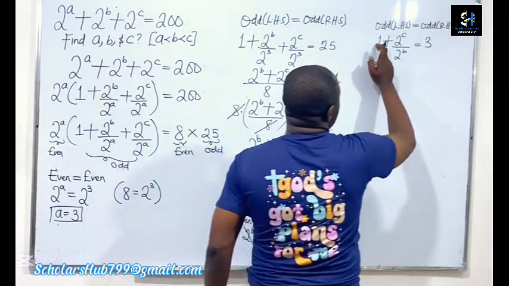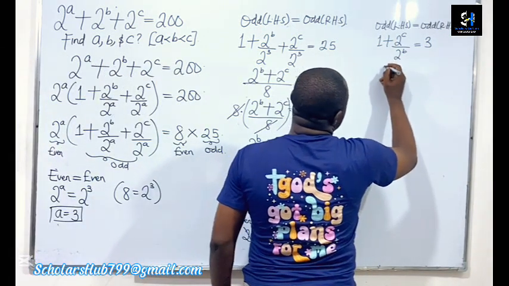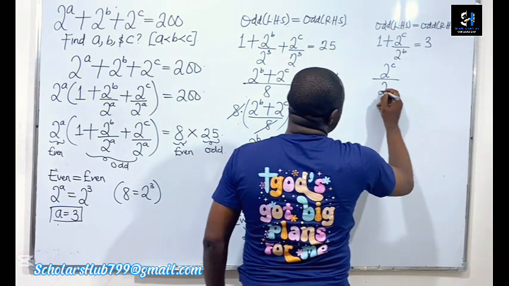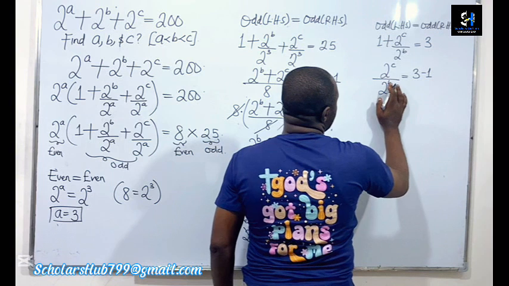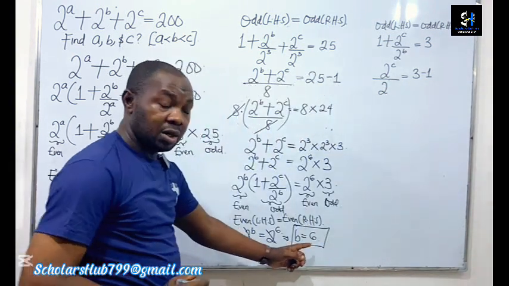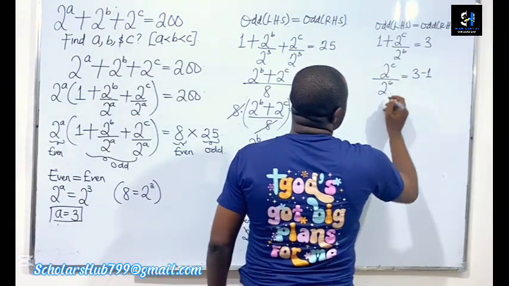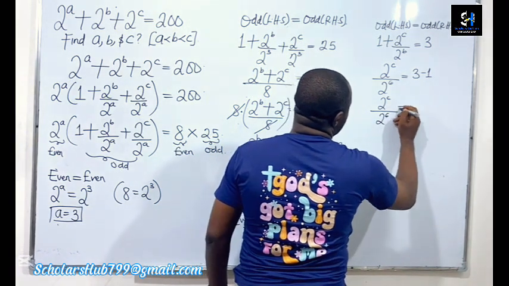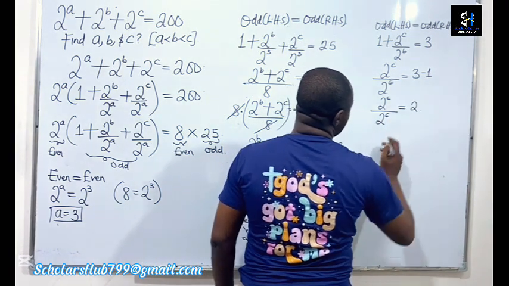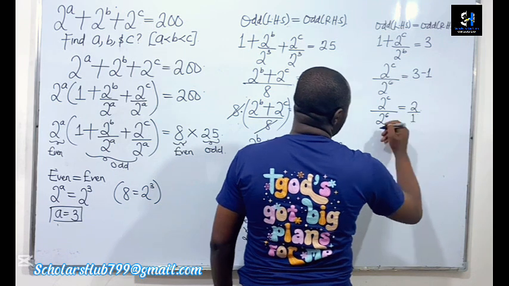So I'm going to carry this 1 over to the other side, so that this will be 2 raised to the power of c divided by 2 raised to the power of b equals to 3 minus 1. Now let's not forget that the value of b is now 6. So this will be 2 raised to the power of c over 2 raised to the power of 6 equals to 2.